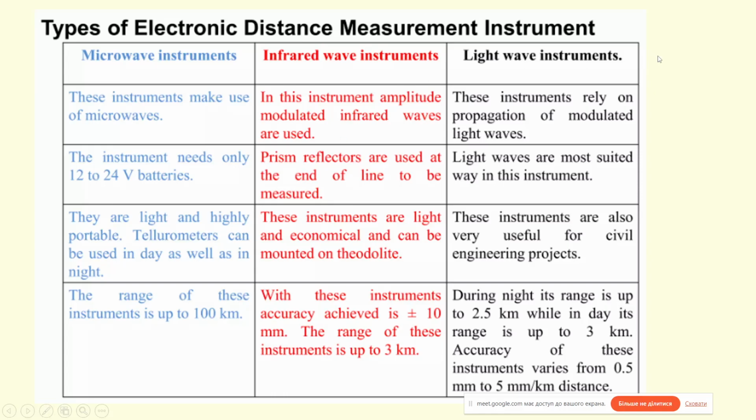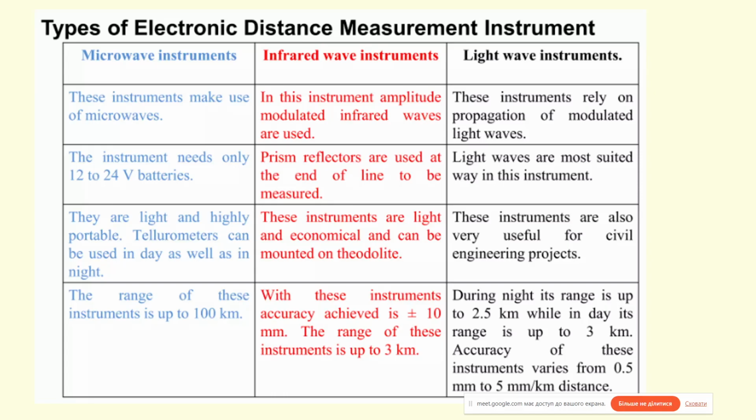And lightweight instruments. These instruments rely on propagation of modulated light waves. Light waves are most suited in this instrument. These instruments are also very useful for civil engineering projects.